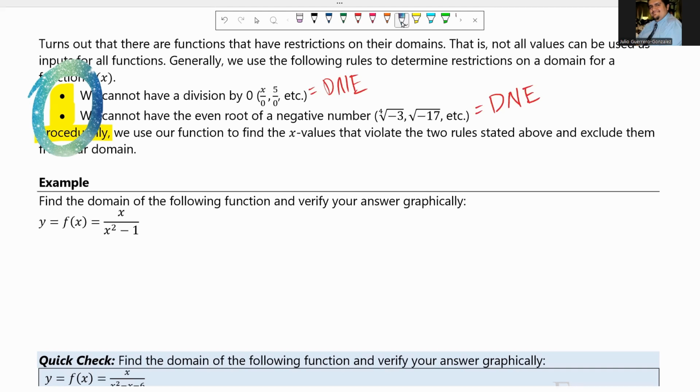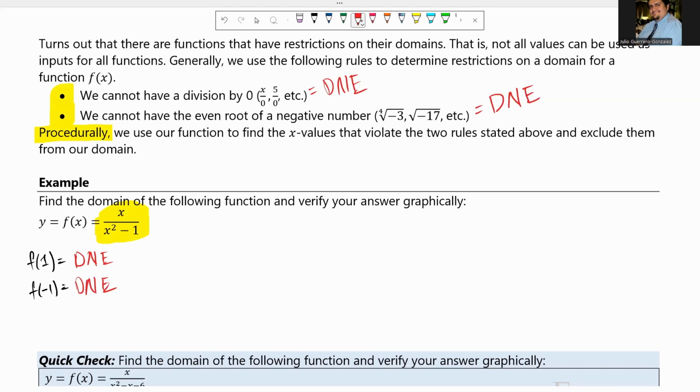Let's go back to my example. Bam. There were two. F of 1 and f of -1, both of those produced a DNE.